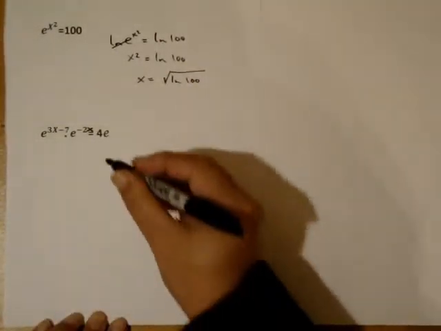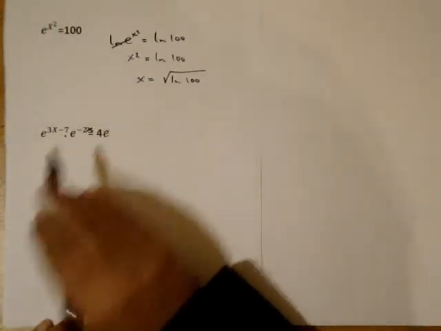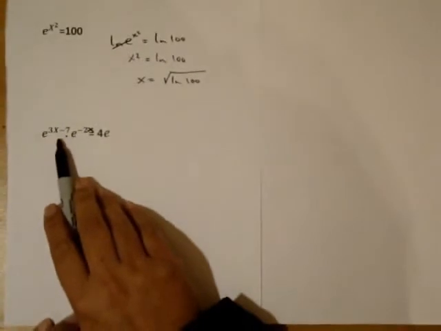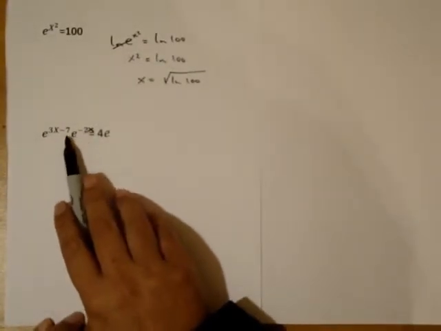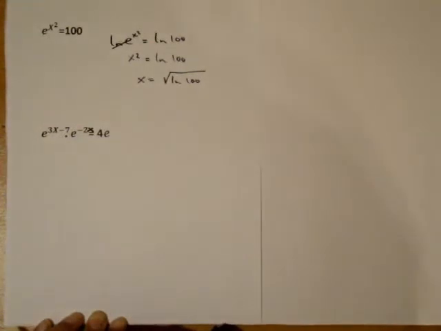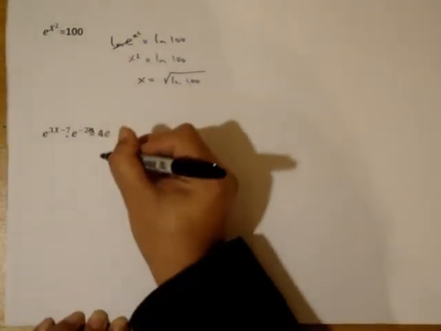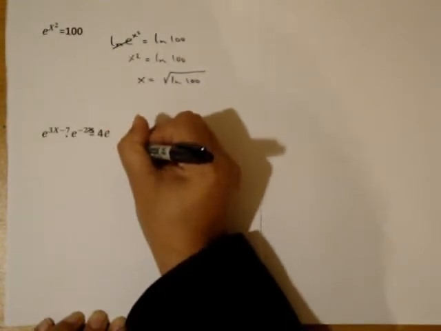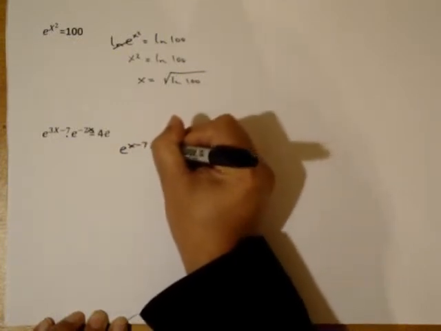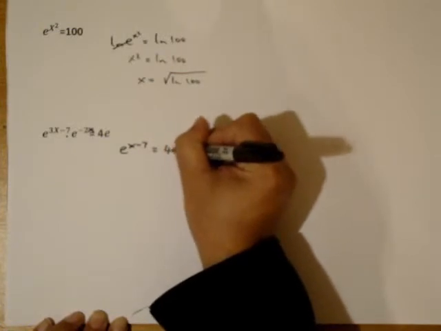We can add the powers because it's a multiplication. So e to the 3x minus 7 add minus 2x, that simply becomes e to the x, and the minus 7 remains, and then on this side we have 4e.